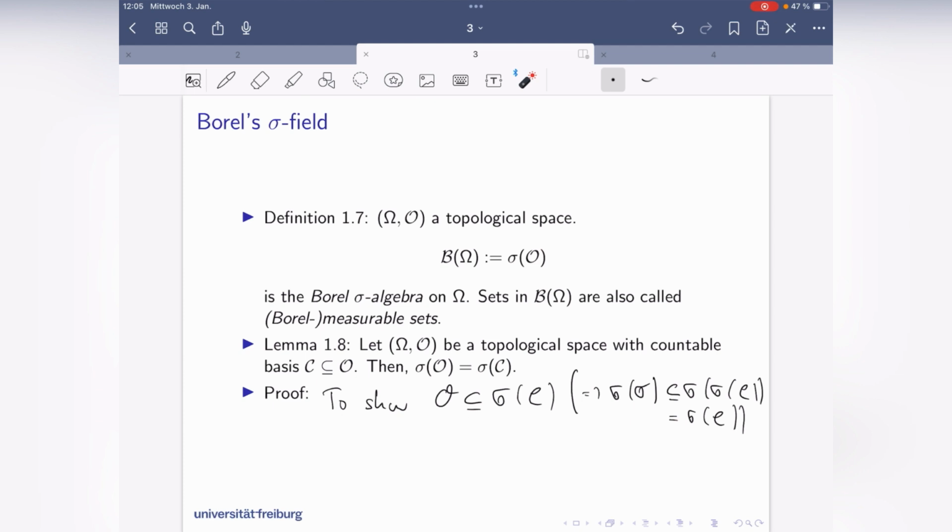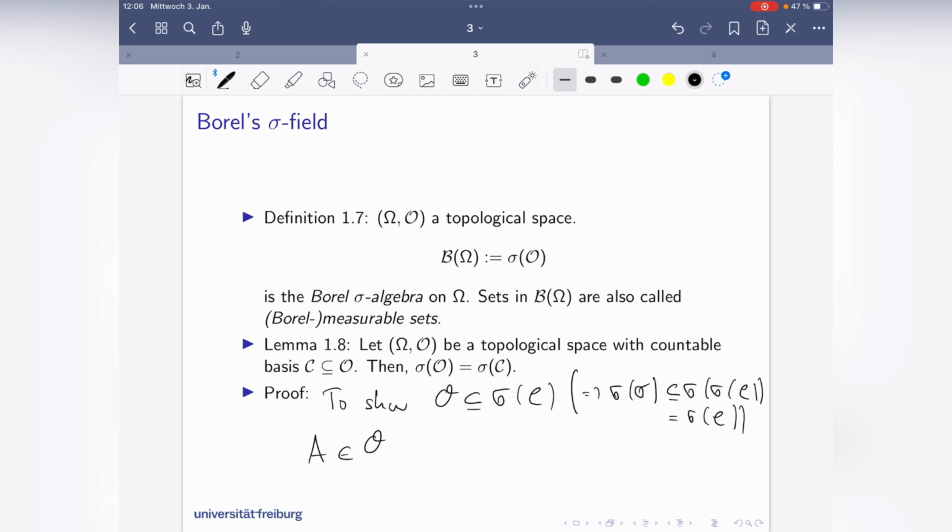But that's actually clear, because if I have an element A in my topology, I know it can be generated by an arbitrary union of elements in my C, because that's a basis.